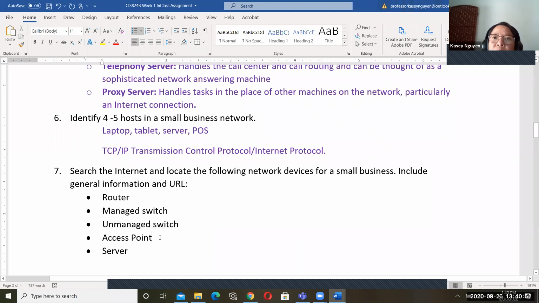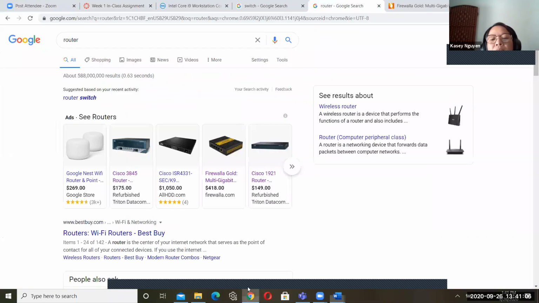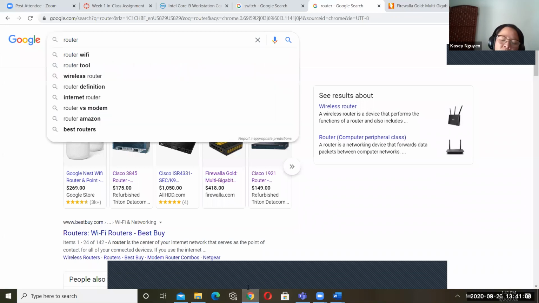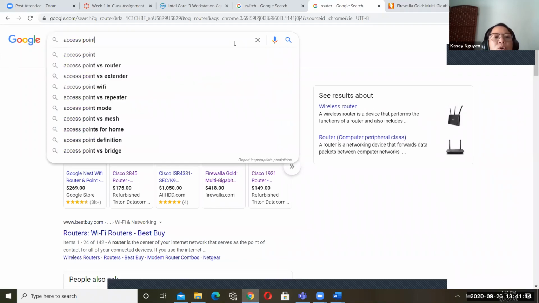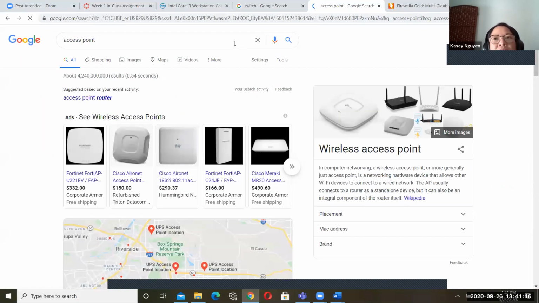AP, access point. Some wireless routers can be an AP, but not every AP can be a wireless router. Some wireless routers come with access point capability, and when you buy an access point, it is a way that we can use it to repeat the wireless signal and control some of it, but it doesn't have the full functionality of a regular router.